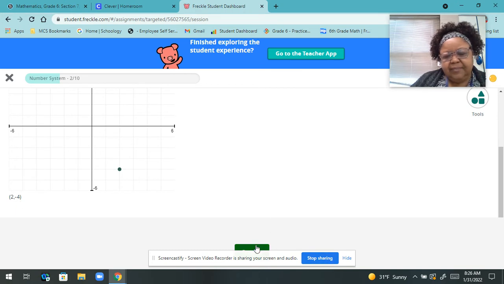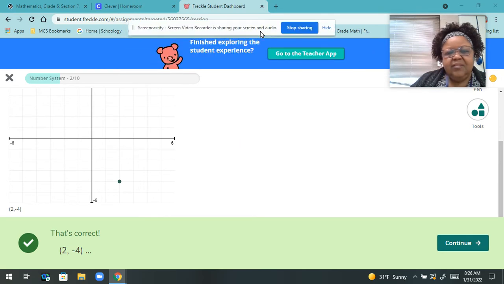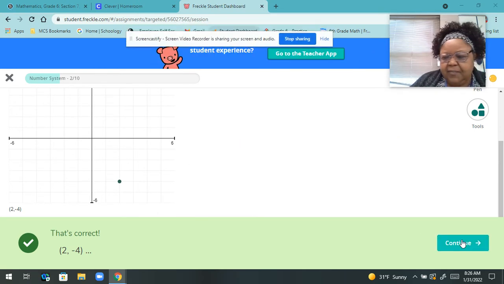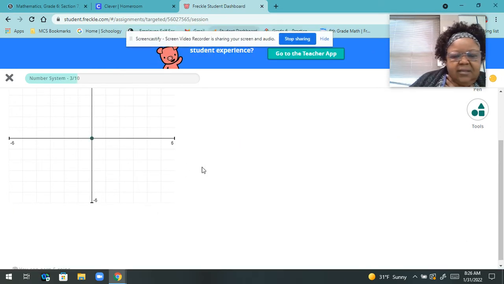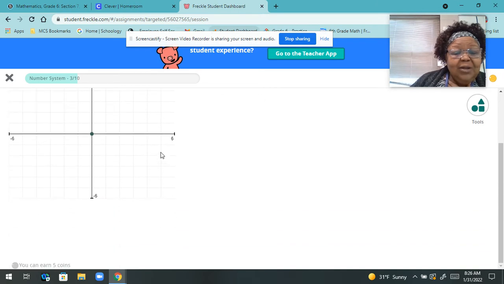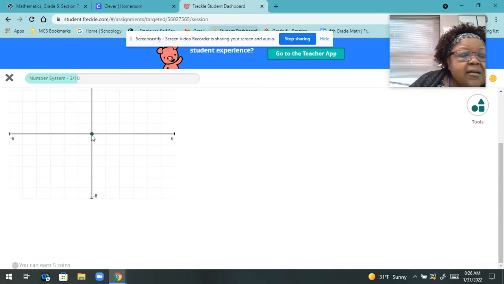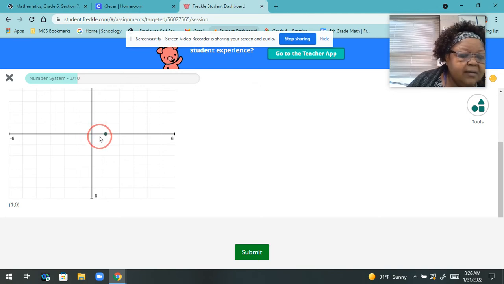Okay. So next, let me move that out of my way. Let's do another one. The point 1, 5 is reflected across the y-axis. So I'm going to graph 1, 5 first. I can barely see. Okay, so 1 right here.